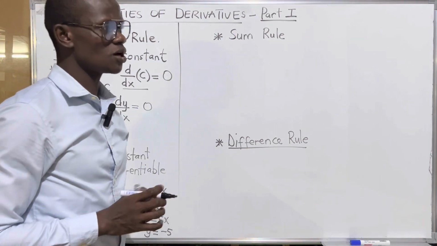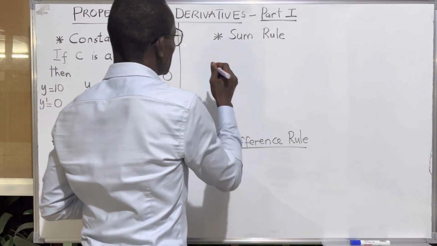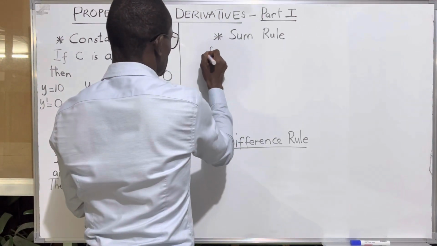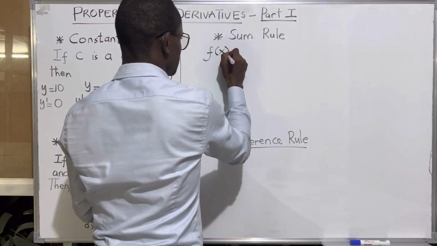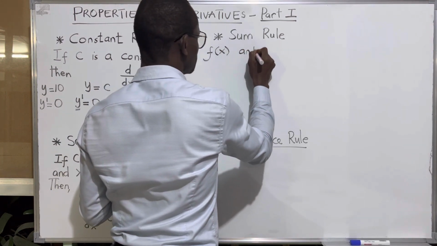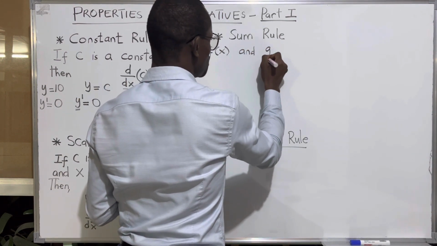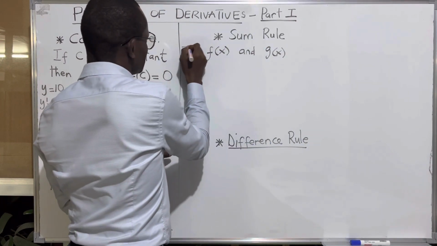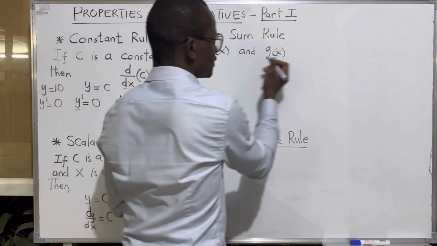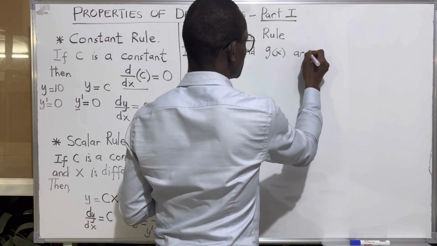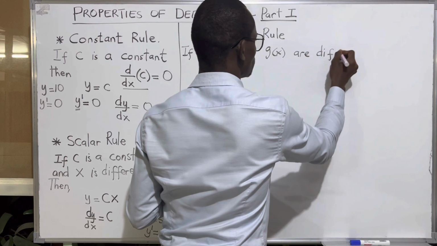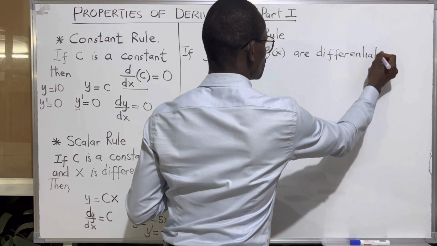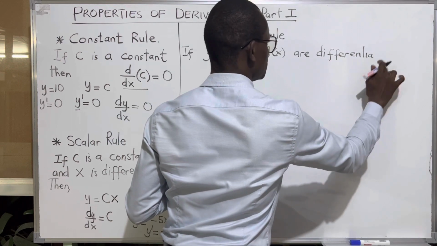The next one is the sum rule. Now we say if we have two functions, assuming one function is f of x and another function is g of x, but we indicate that f of x and g of x are differentiable, it means they are functions that can be differentiated.